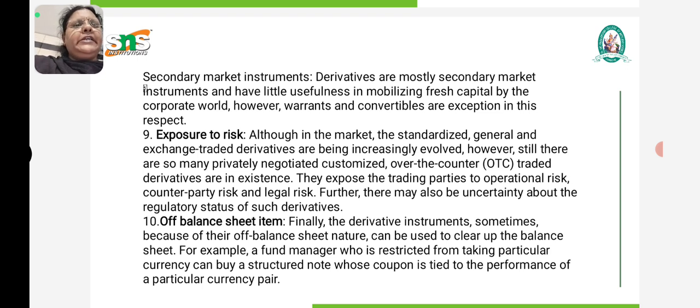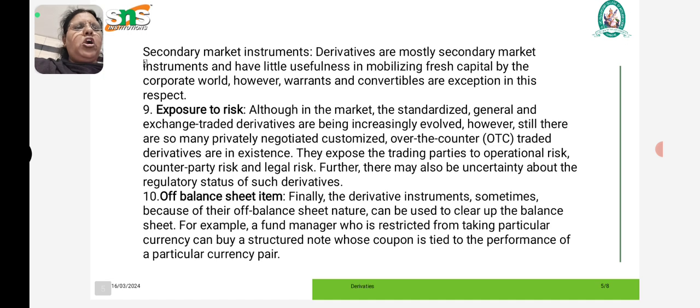Exposure to risk. Although in the market standardized exchange traded derivatives are increasingly evolved, there are still many privately negotiated customized over the counter, that is OTC, traded derivatives in existence. They expose the trading parties to operational risk, counterparty risk, and legal risk. Further, there may also be uncertainty about the regulatory status of such derivatives.